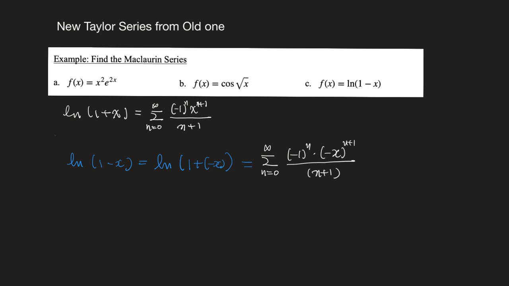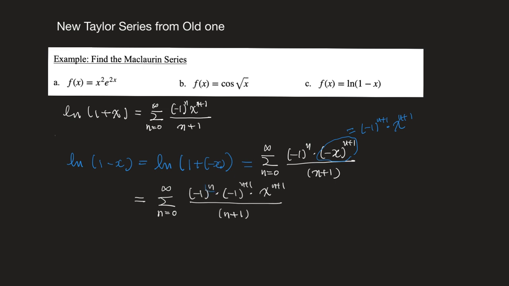Right? So now let's simplify this part. I can write (-x)^(n+1) as (-1)^(n+1) times x^(n+1). So you have the summation n equals 0 to infinity of (-1)^n (-1)^(n+1) x^(n+1)/(n+1).